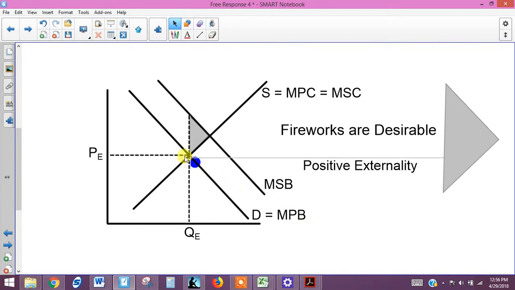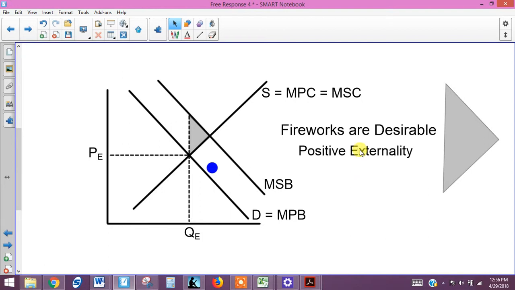That's the private benefit. But when we have a positive externality, when fireworks are desirable and we get something extra out of them because the neighbors are enjoying them, then we have a marginal social benefit that is higher and to the right of the marginal private benefit.